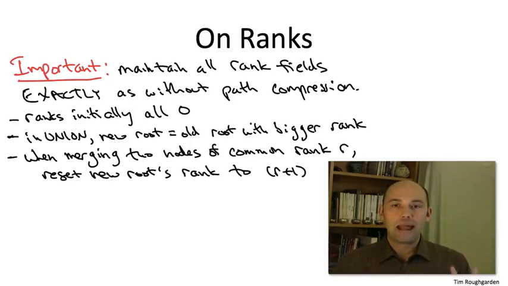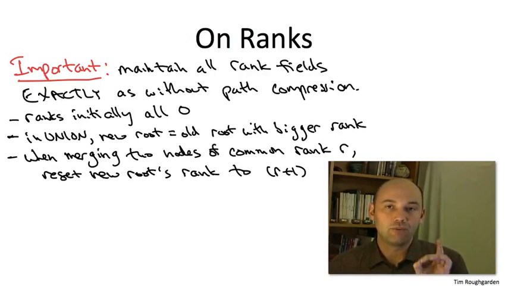So again, ranks only change in one specific case in a very specific way. Namely, during a union, when we merge two trees that have exactly the same rank, and when we do that kind of union, that kind of merge, whichever of the old roots winds up being the new root, we bump up its rank by 1. That is the only modification we ever make to any ranks.